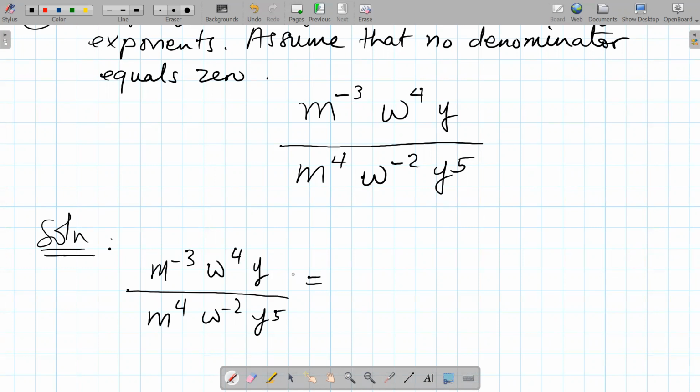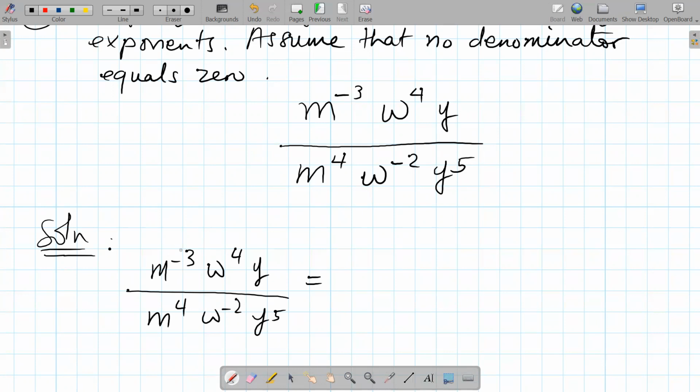So look at it carefully. We do have some negative exponents there. We have m to the negative 3. We have w to the negative 2. Now, I need to first change these to positive exponents. And what that means is that I need to interchange their positions.